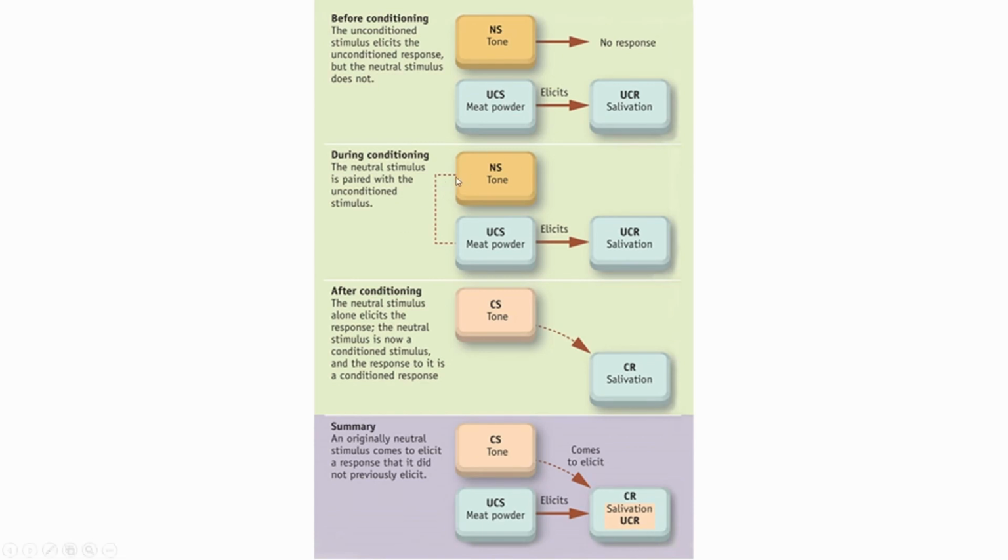During conditioning, we have this association or pairing between our neutral stimulus and our unconditioned stimulus, and that pairing is still going to result in that unconditioned response because the unconditioned stimulus is still being presented. After conditioning, we can remove our unconditioned stimulus and just present what is now our conditioned stimulus. So our formerly neutral stimulus is now a conditioned stimulus because it elicits a conditioned response, even in the absence of our unconditioned stimulus.